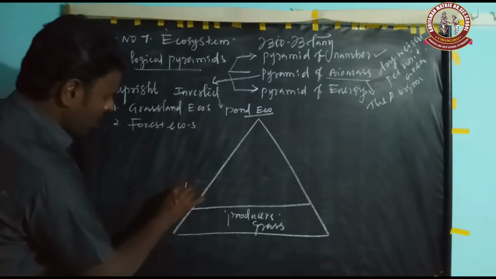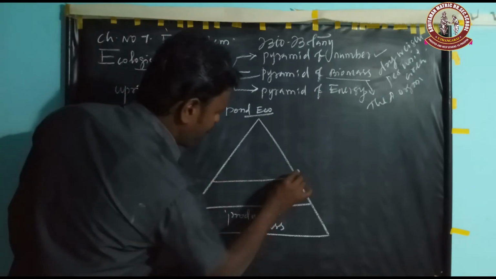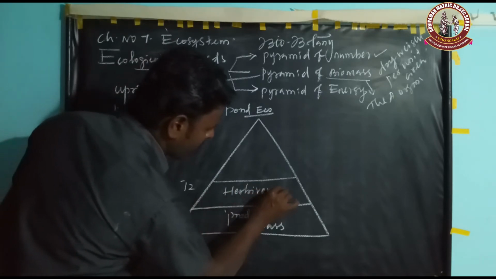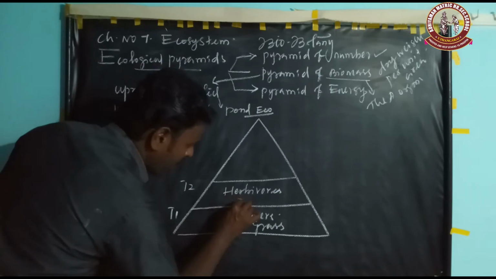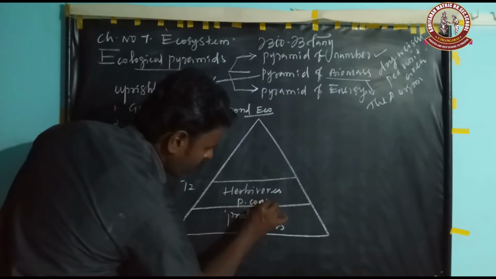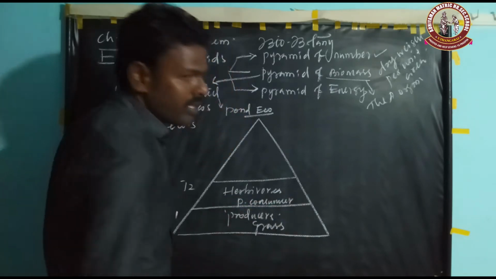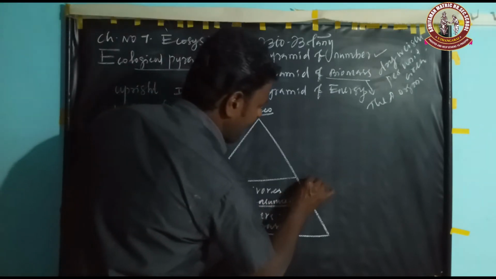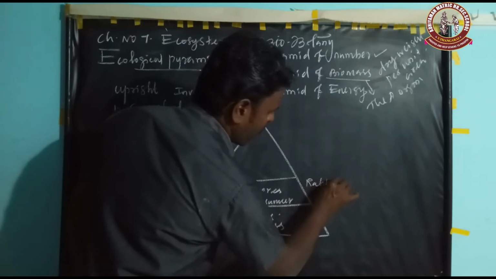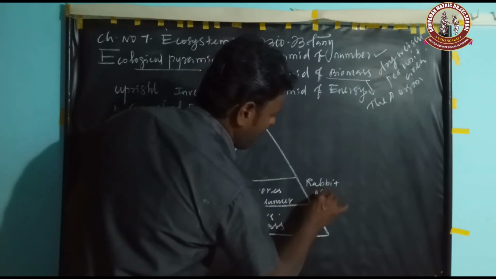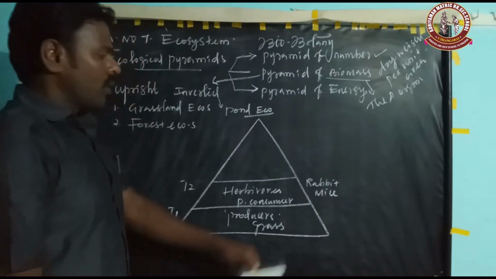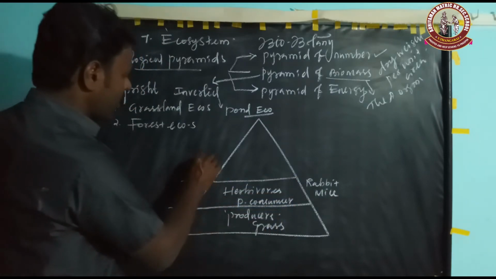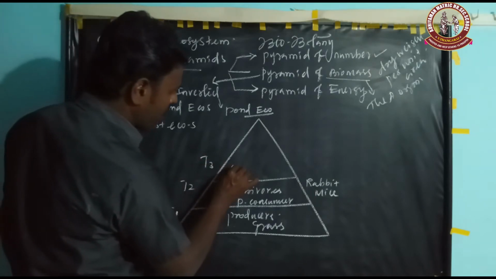Trophic level 2 is herbivores or primary consumers, for example rabbit, mice, etc. Their number is less than the producers. And then the third trophic level is carnivores.